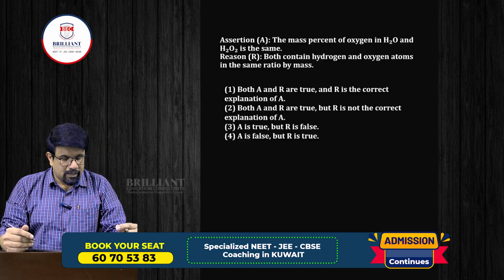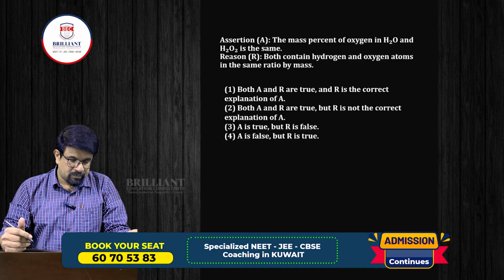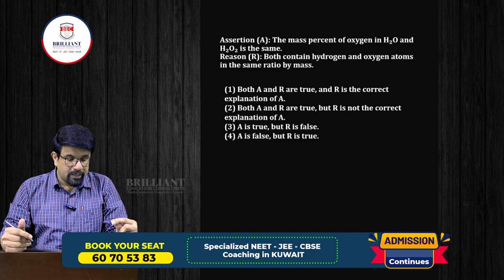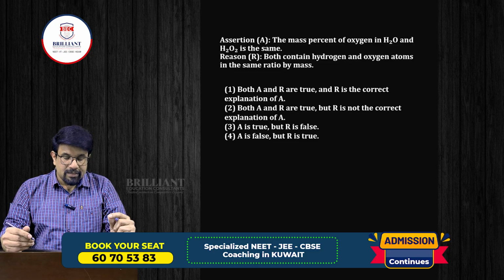Next question is an assertion reason question. Assertion A: the mass percent of oxygen in H2O and H2O2 is the same. Reason R: both contain hydrogen and oxygen atoms in the same ratio by mass.